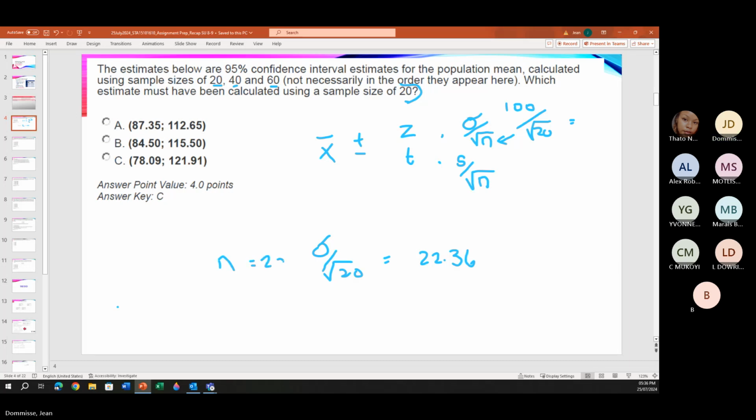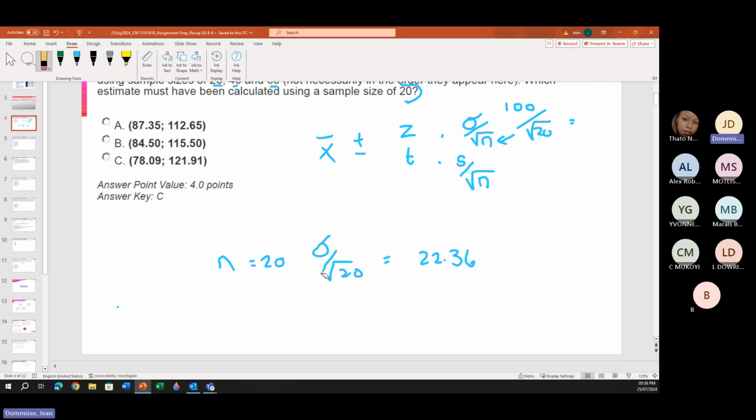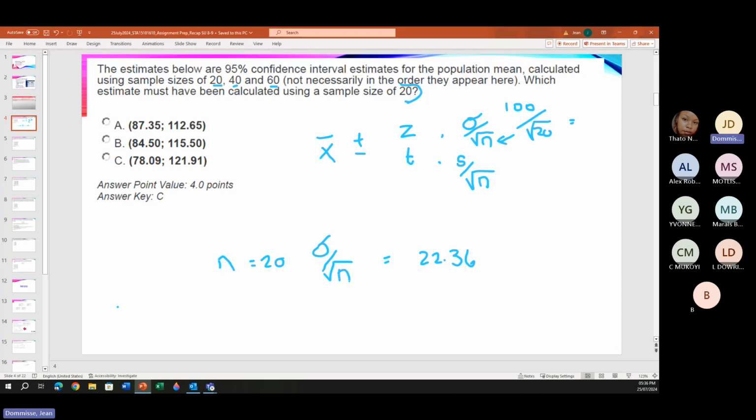So that one can see the impact. Okay, then for a sample of 40, remember the standard deviation stays the same. Sample of 40: 100 divided by the square root of 40 gives us 15.81.